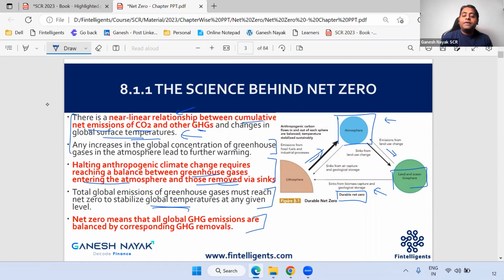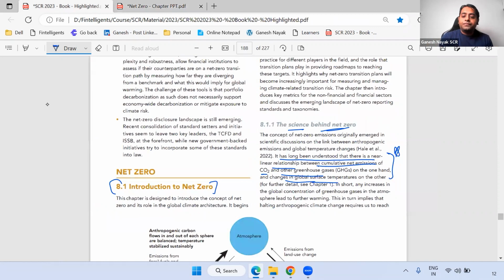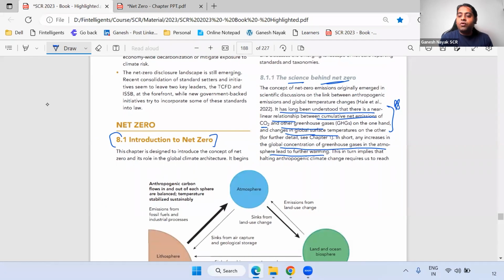Over here, when we talk about net zero, we are talking about all greenhouse gases, all greenhouse emissions. So we are saying the overall greenhouse emission happening in the atmosphere and the overall greenhouse gases removed from the atmosphere, the net effect should be zero. If you go to the book, they're talking about how the global concentration of greenhouse gases in the atmosphere will lead to further warming.